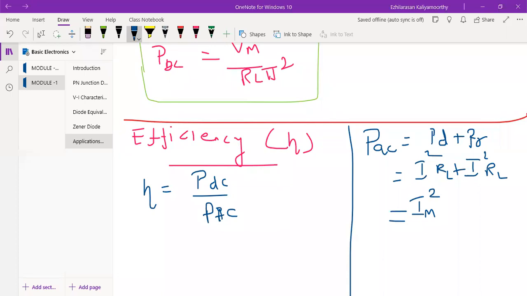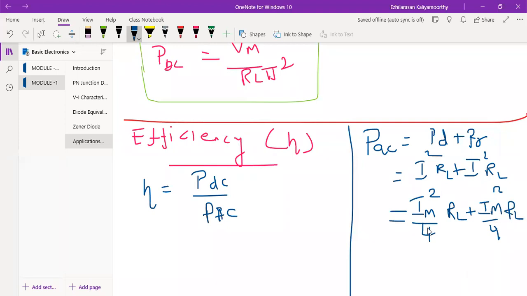Im square. Because this I means Im by 2, I can say. Im square by 4, Im square by 4 into RL.